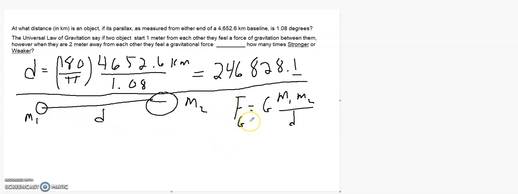All right, so let me go over this formula. Isaac Newton, 350 years ago, or a little bit more than that, came up with this formula. It says that the gravitational force is equal to a constant. G is just a constant of the universe. It's called the universal gravitational constant, times the product of the two masses, mass 1 and mass 2.